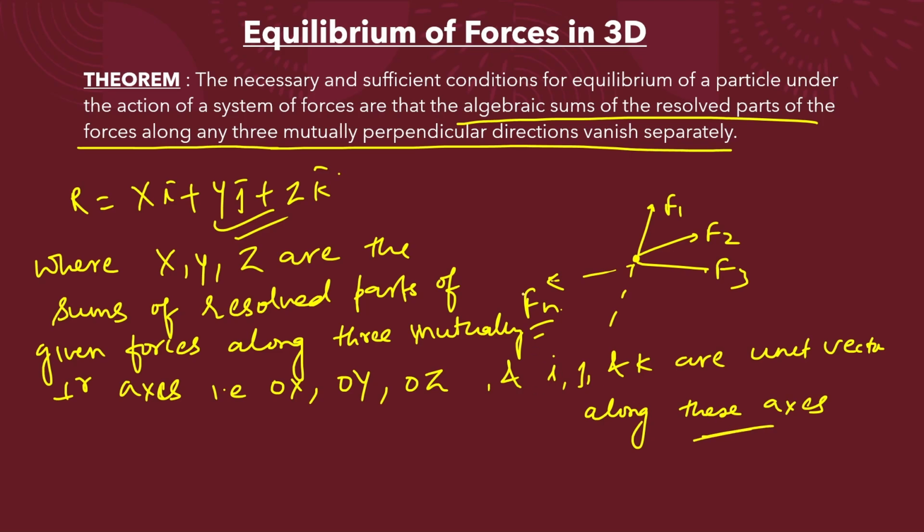So this is OX, this is OY, and this is OZ, and the unit vectors are i, j and k.